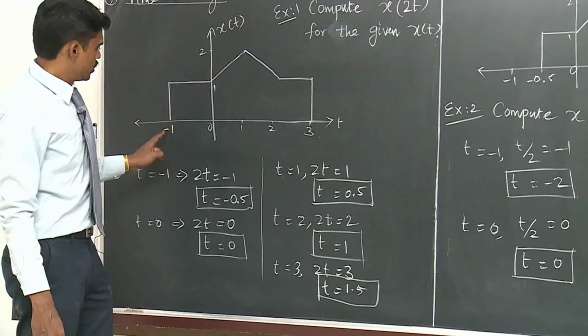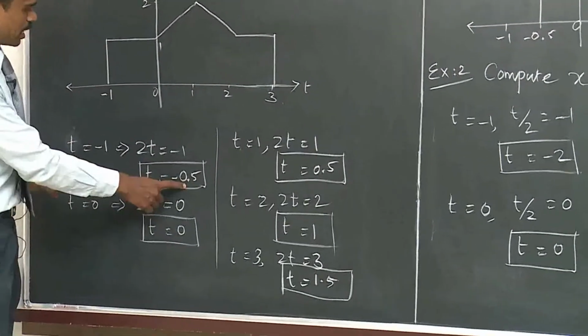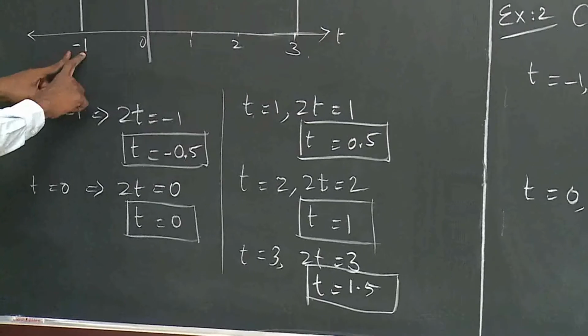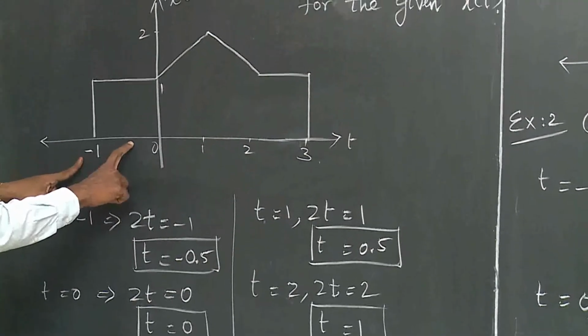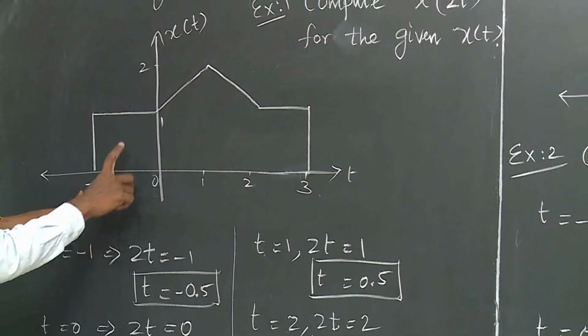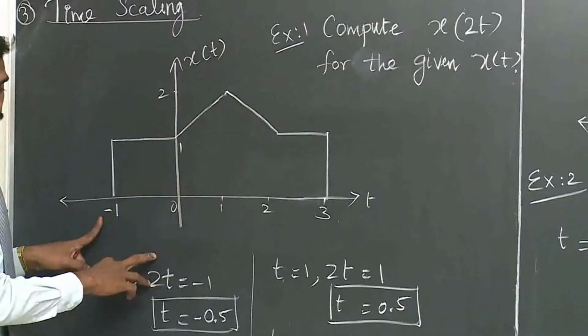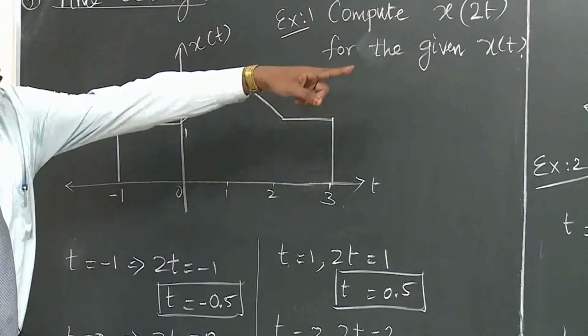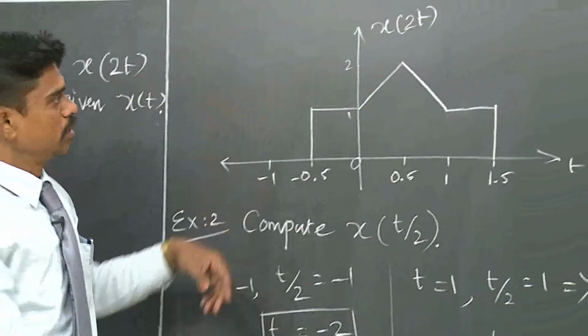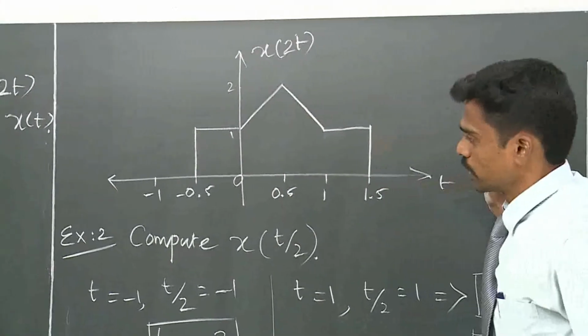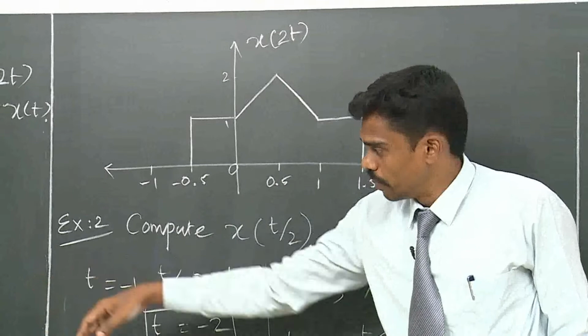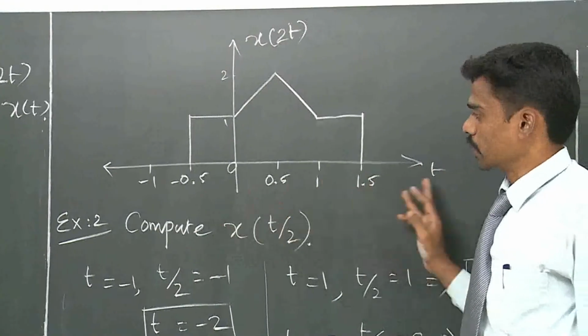So now -1 is replaced by -0.5. The position -1 is shifted to -0.5 in x of 2t. Now I have drawn the x of 2t signal here with the values in the time axis.